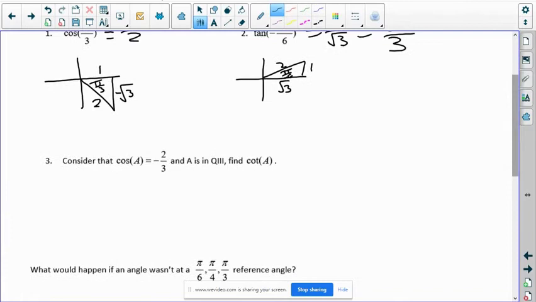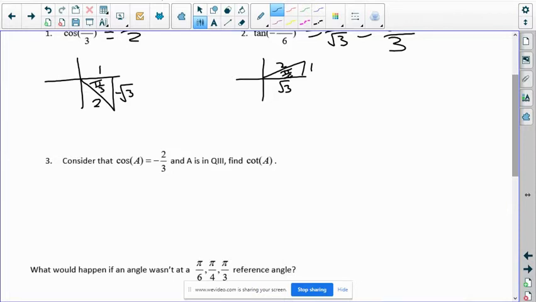But we have finding the cotangent of angle A here in problem 3. And it tells us the cosine of A is negative 2/3, which does not tell us what that angle is. It is not one of our special triangles.